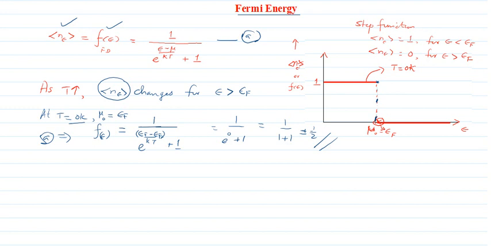Within no energy difference it will come down. So if I take a point here, f of E is half, which means it is exactly at the midpoint. This corresponds to n equal to half. I found this point on the graph for T equal to 0 Kelvin.